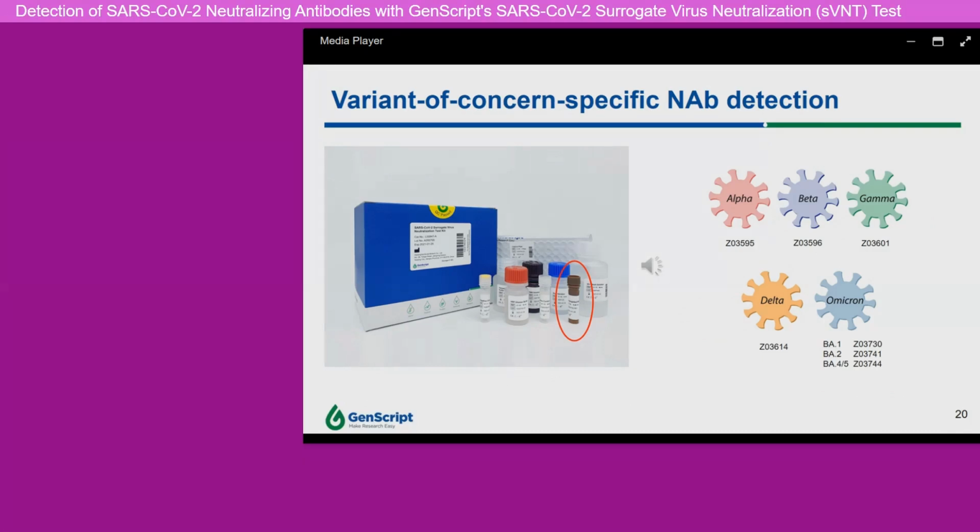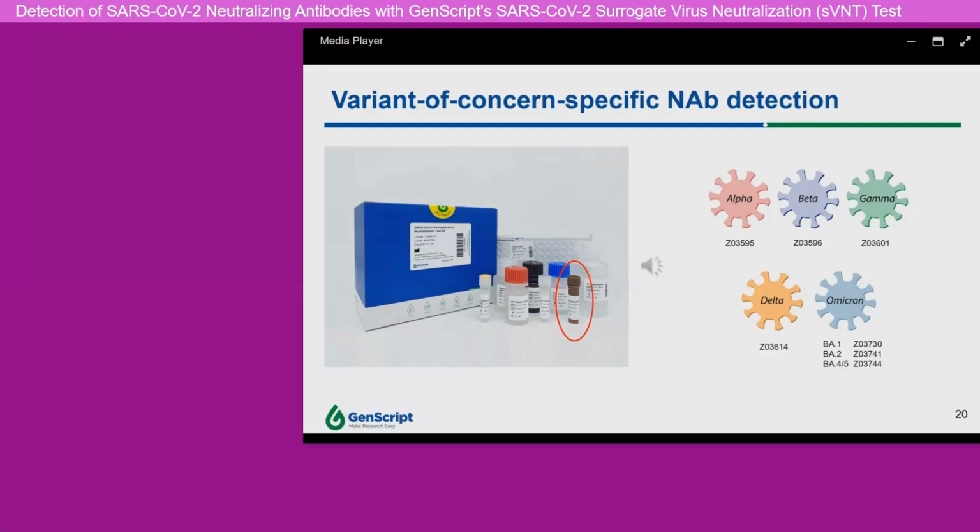SARS-CoV-2 is a rapidly mutating virus, and we've seen a number of variants emerge in the last couple years, with the most recent variants being from the Omicron group. Here at GenScript, we continue to support the fight against COVID-19 and have quickly made variant-specific RBD HRP reagents available for those interested in variant-specific studies.